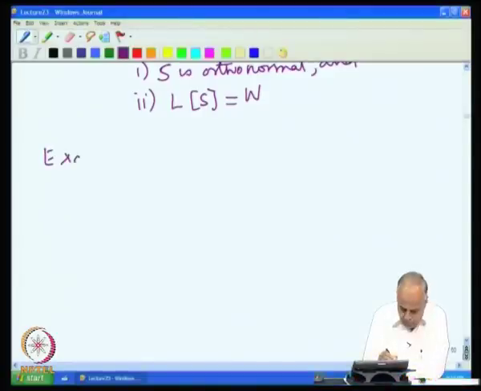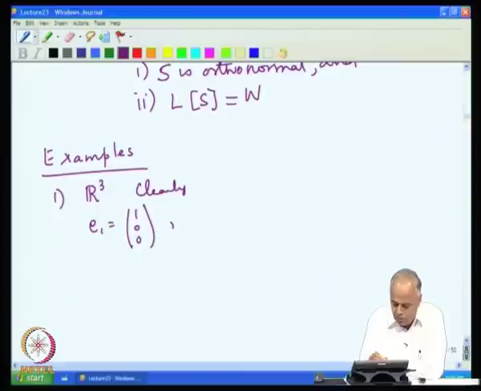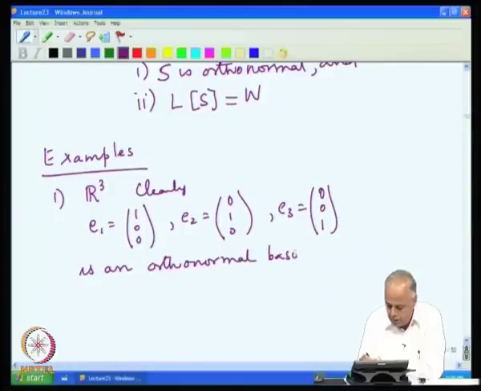So, let us look at one or two simple examples. Let us take R 3. Clearly, E 1 equal to 1 0 0, E 2 equal to 0 1 0, E 3 equal to 0 0 1 is an orthonormal basis for R 3.